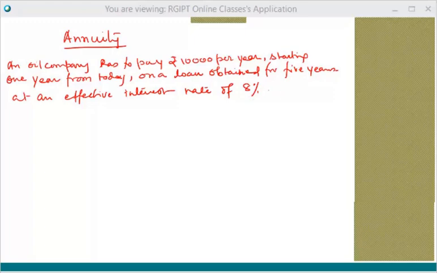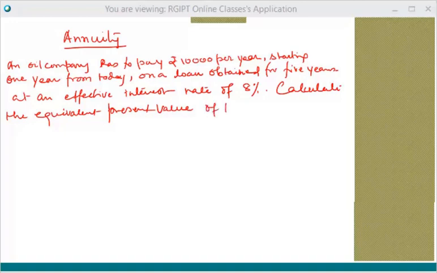We are going ahead with 8%. Calculate the equivalent present value of these 5 yearly payments.